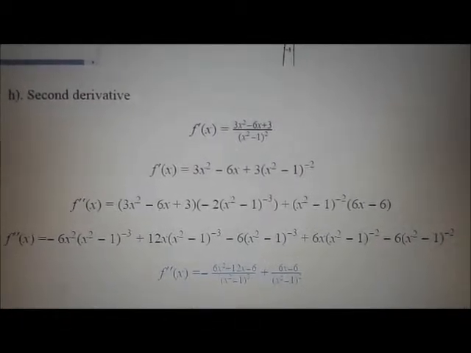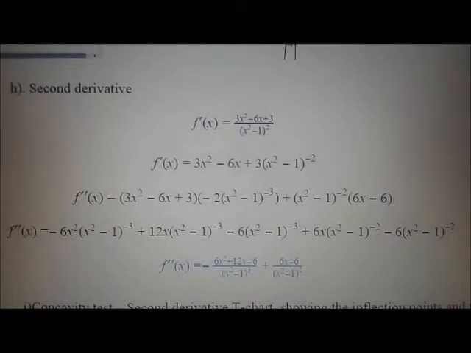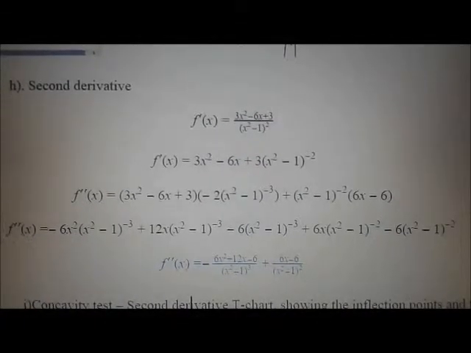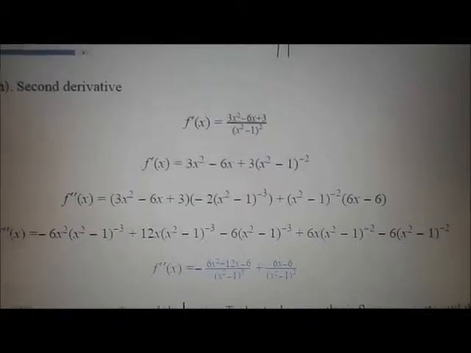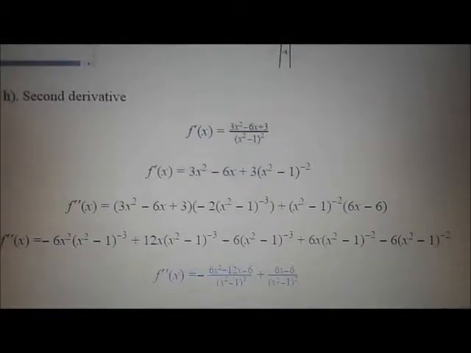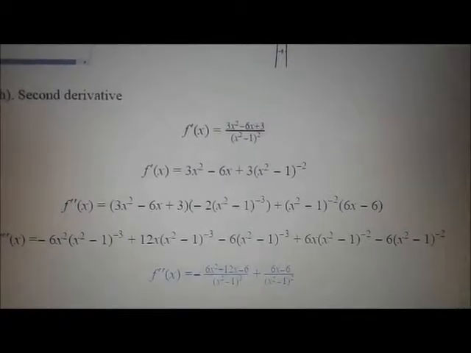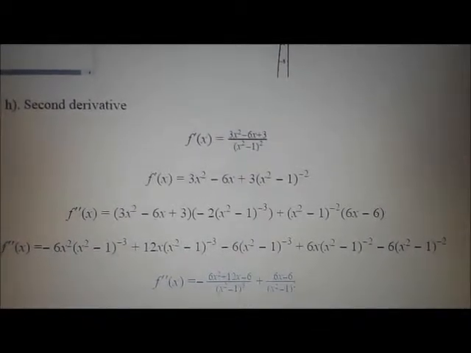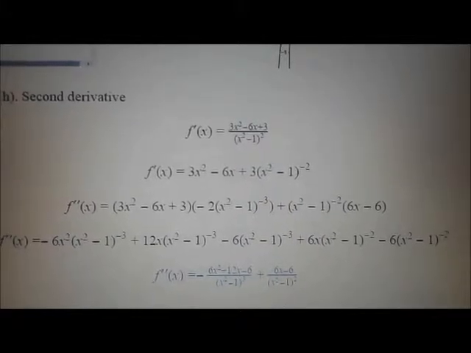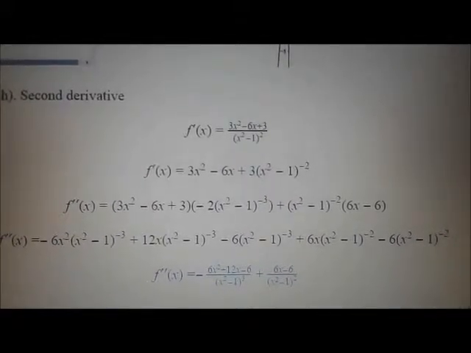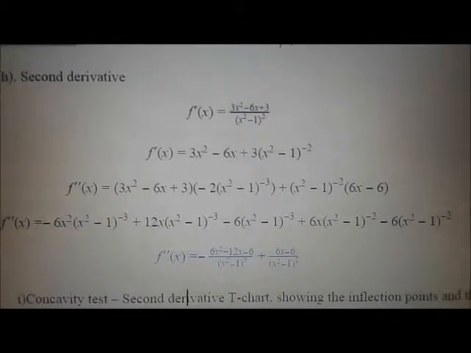So the second derivative is equal to −6x² multiplied by (x² − 1) to the power of minus 3, plus 12x multiplied by (x² − 1) to the power of minus 3, minus 6 multiplied by (x² − 1) to the power of minus 3, plus 6x multiplied by (x² − 1) to the power of minus 2, minus 6 multiplied by (x² − 1) to the power of minus 2.